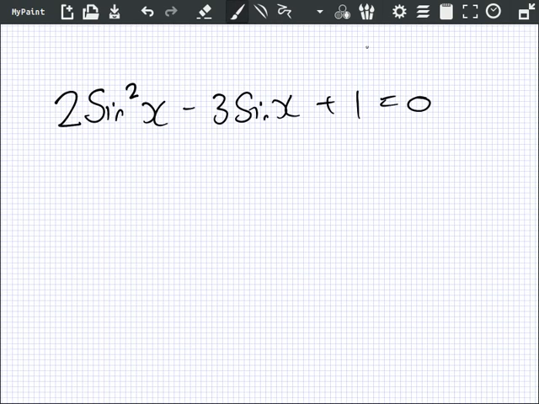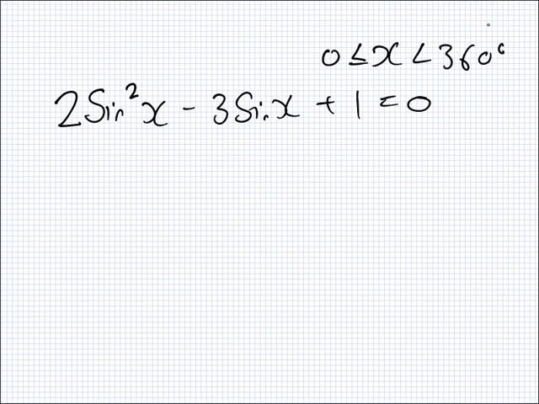So let's have a look at a harder example now. 2 sine squared x minus 3 sine x plus 1 equals 0. And I'll tell you that x must be between 0 and 360 degrees. So it looks like a complicated equation with sine x, but when you look closely, what type of equation is it?